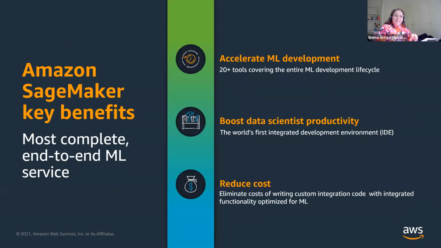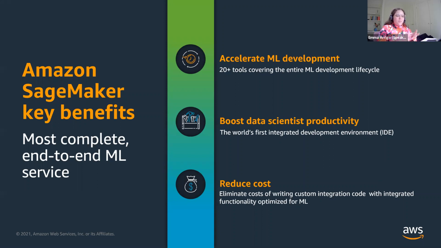So just a few benefits of it, because I saw in the chat there are some people who are moving to AWS and might be needing to use SageMaker for work. There are 20 plus tools that cover the entire life cycle of machine learning built into this interface.